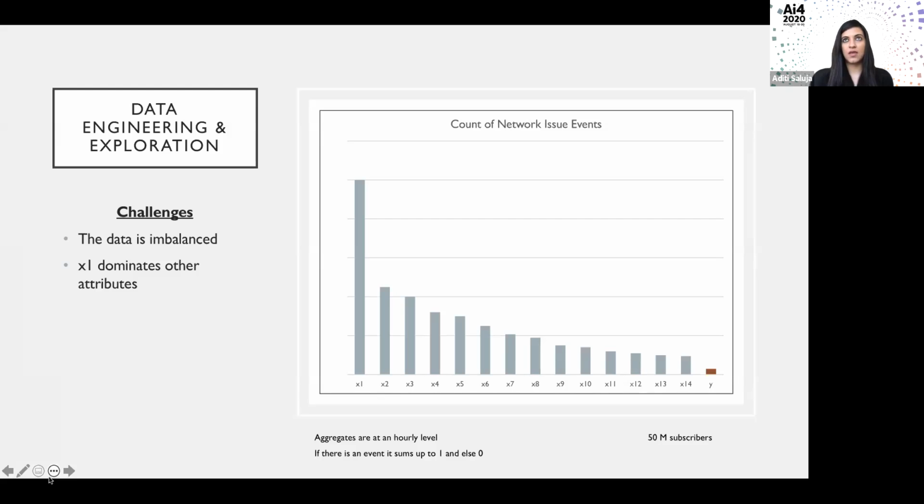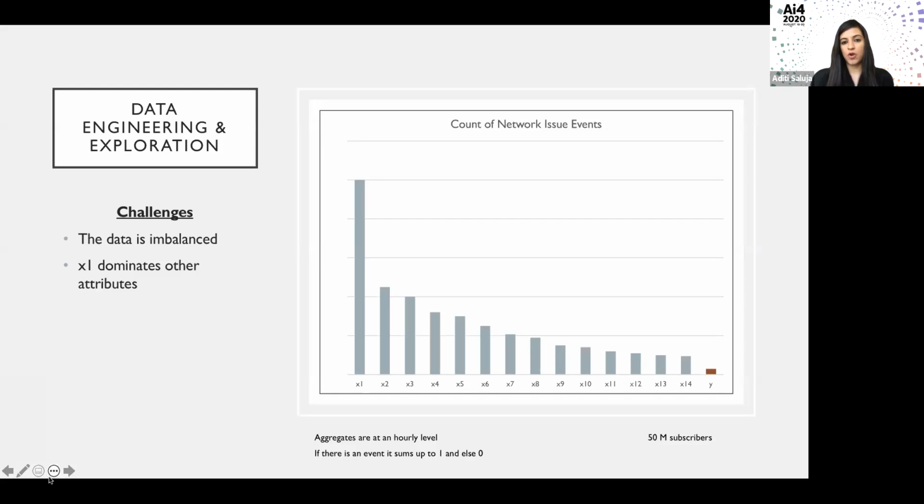So if an event happens once in 1 hour, it sums up to 1. If the event happens 5 times in an hour, it will be 5. If no event happens, that KPI remains 0 for that hour. It started with 50 million subscribers.